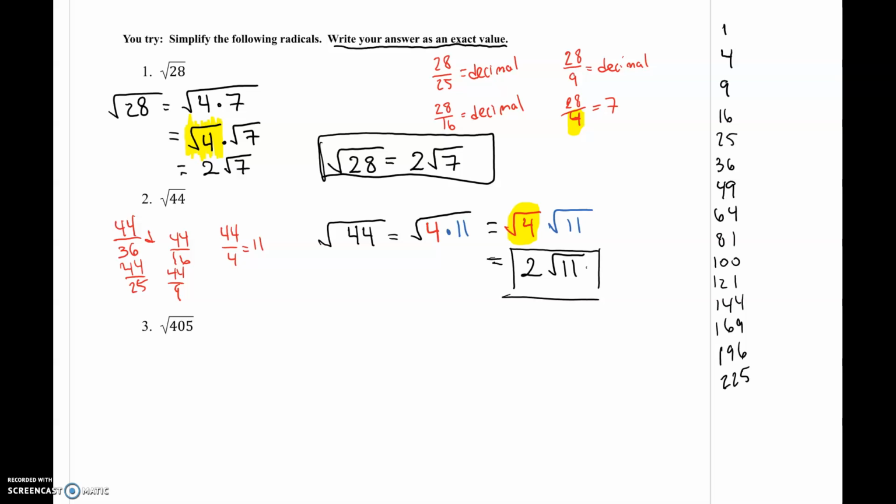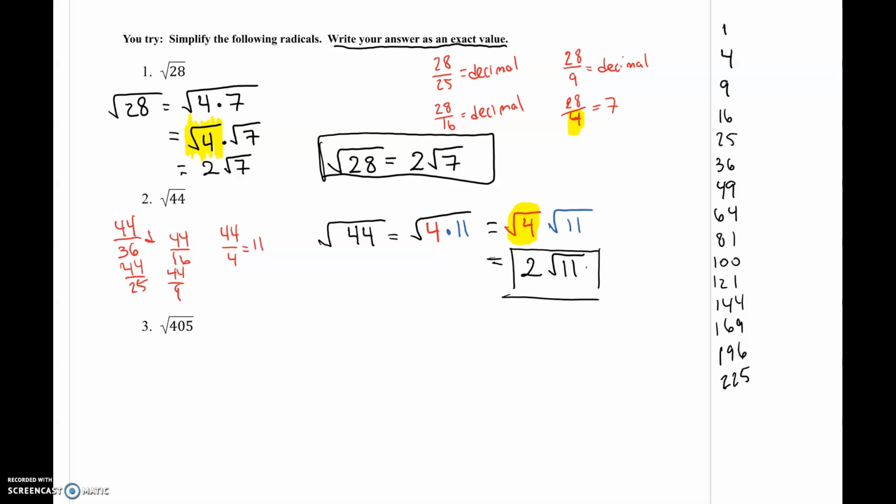You will never find a number that divides into any of these numbers that's more than half of that number. So when I look at 405, half of it is 202.5. So I know anything bigger than that number will not be able to divide it nicely and give you two integer factors.